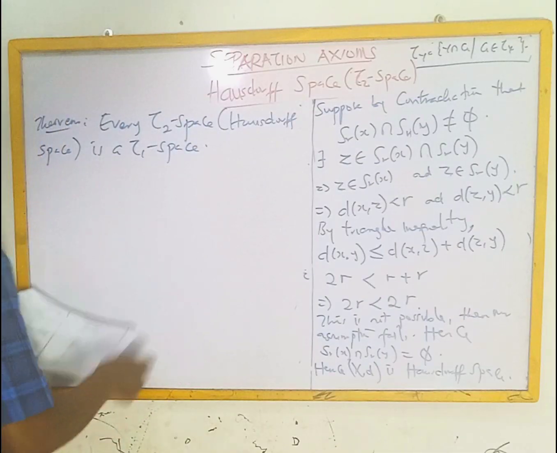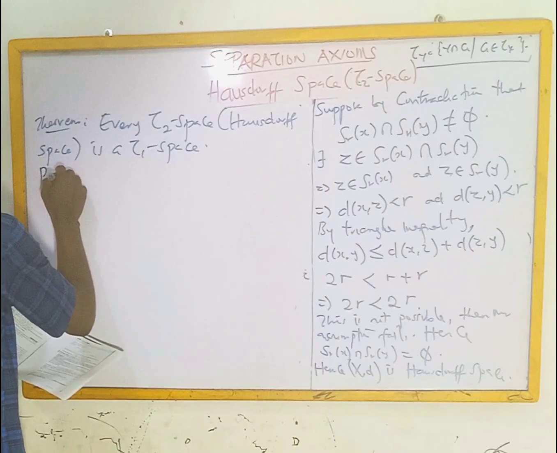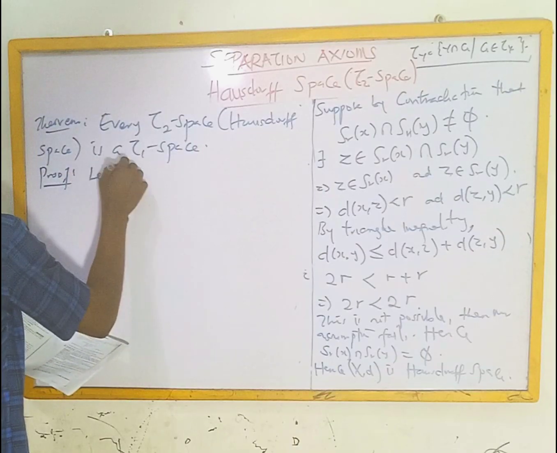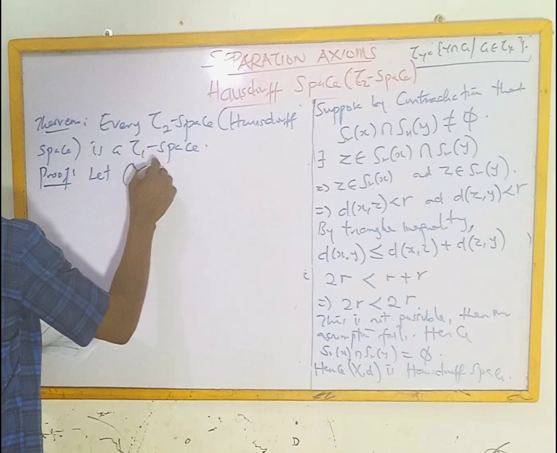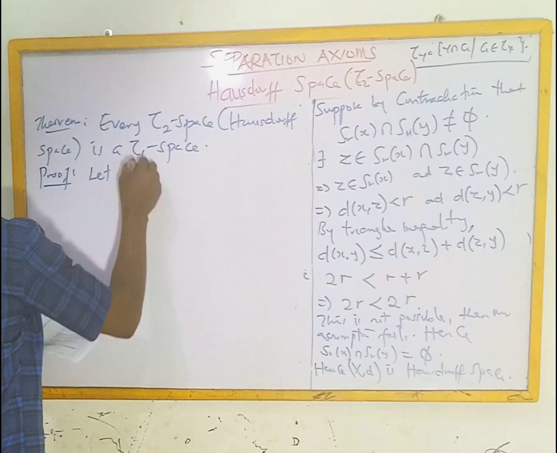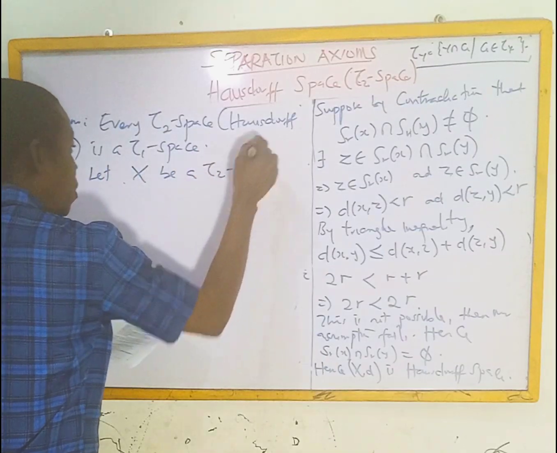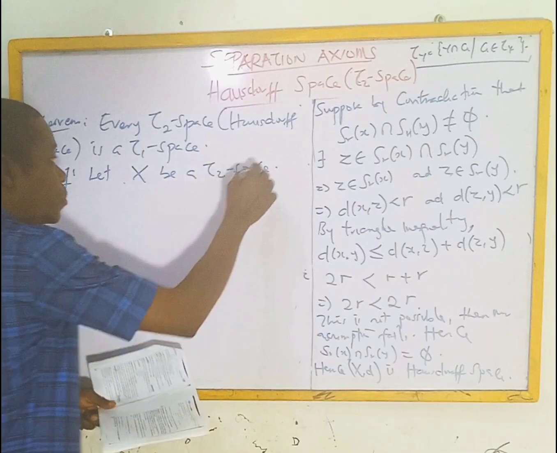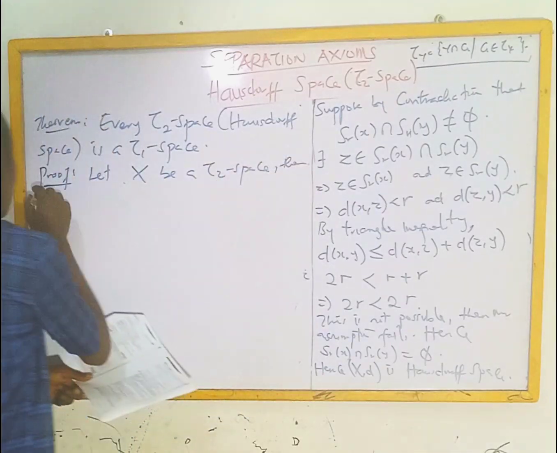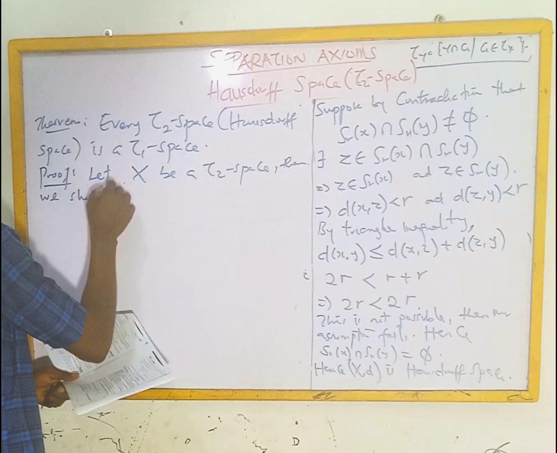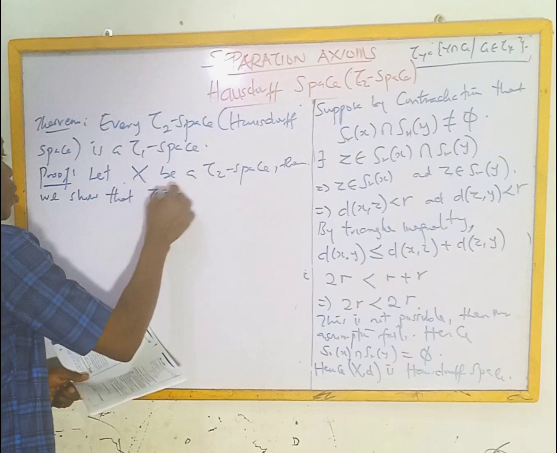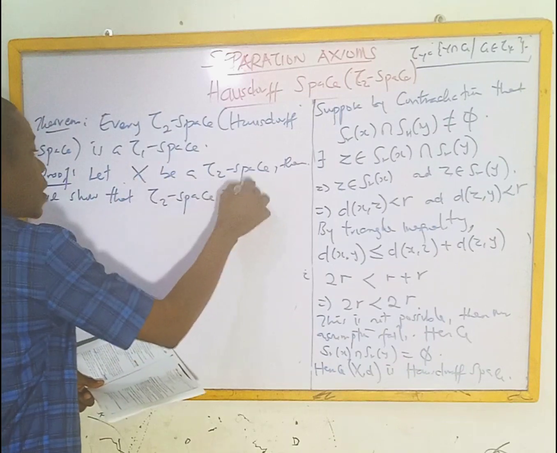By definition, the proof: let X be a tau 2 space, or Hausdorff space. We show that a tau 2 space is a tau 1 space.